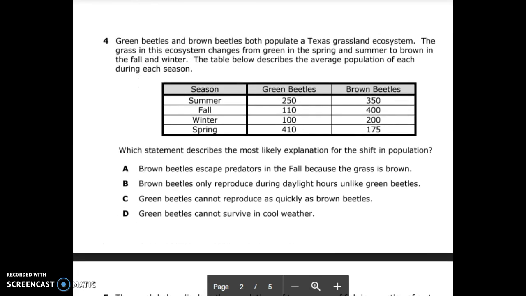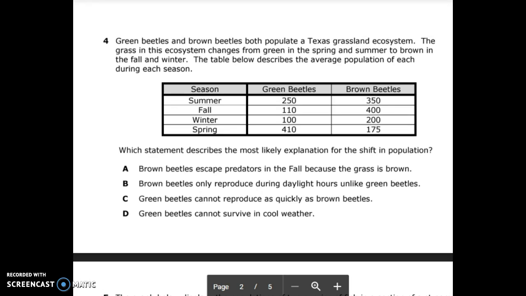Question 4. Green beetles and brown beetles both populate a Texas grassland ecosystem. The grass in this ecosystem changes from green in the spring and summer to brown in the fall and winter. The table below describes the average population of each during the season. So look at the data table.